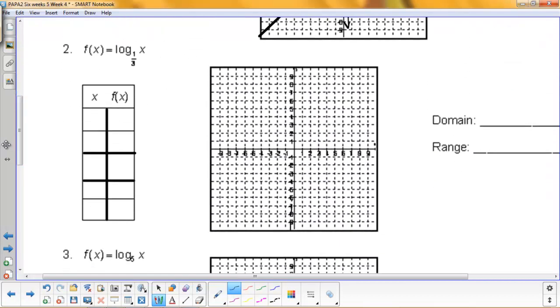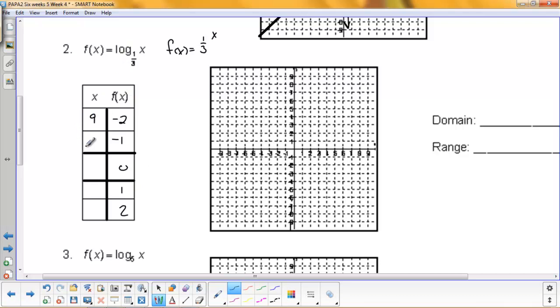In question number 2, we'll be using f of x equals 1/3 to the x power. Notice that that's going to be decay as we look at it. That's why your logarithmic function is going to look so strange when we put it into the equation. So we'll use the numbers -2, -1, 0, 1, and 2. Remember, these are our x values for our exponential function. They are our y values for our logarithmic function.